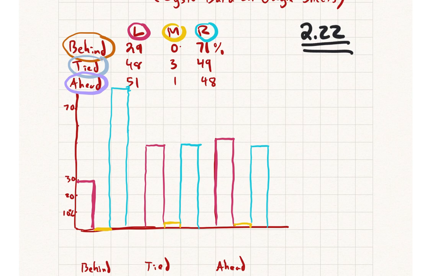A researcher that was researching sports decided to determine the way goalkeepers in soccer jump when they're defending penalty kicks, when either their team is behind in score, the score is tied, or they are ahead.